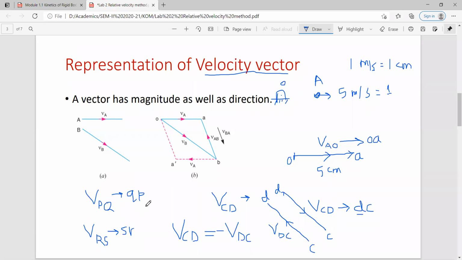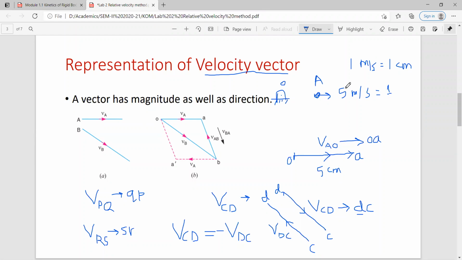So to summarize what we have learned in this slide: first of all, how to label the vector. Then how to represent a vector with the help of direction and magnitude. The length of the vector will be proportional to its magnitude. Suppose this line I have drawn as 5 centimeters.